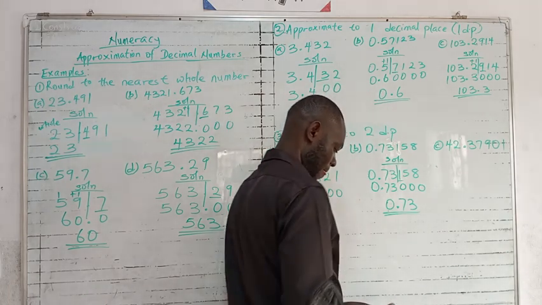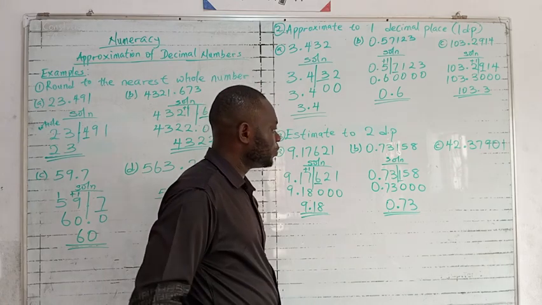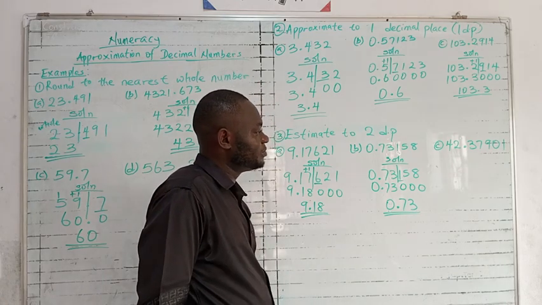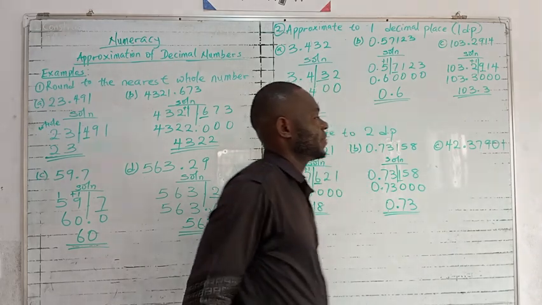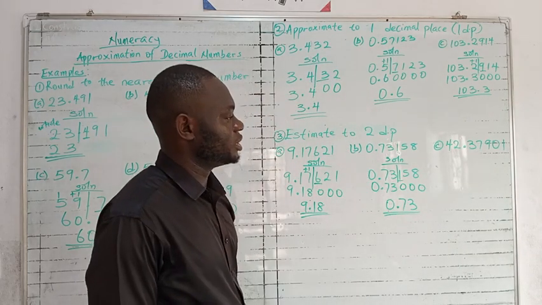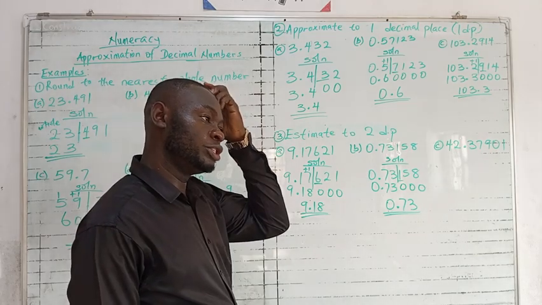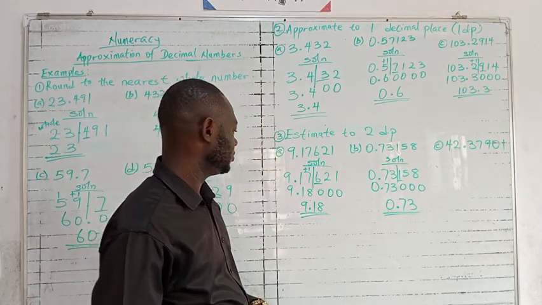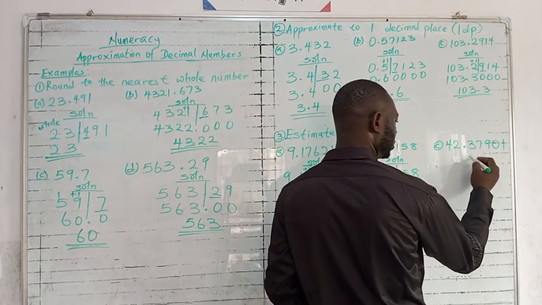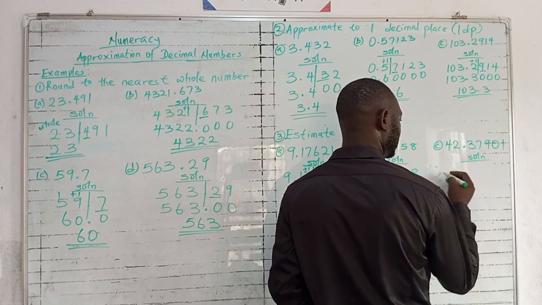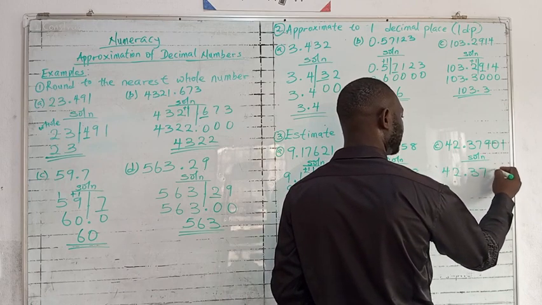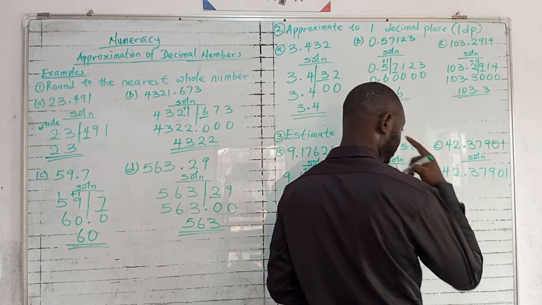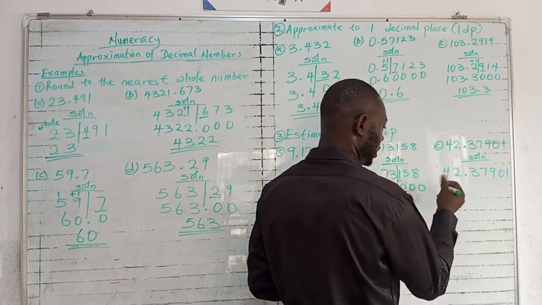42.37901. 42.37901 is a decimal number whose decimal places are 5. So this number has 5 decimal places. We need to reduce it to 2 decimal places. So solution. We have 42.37901. Let's go.